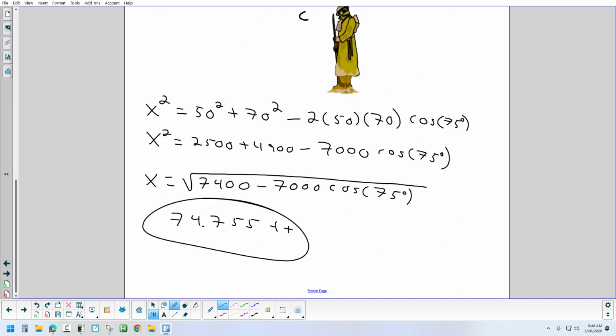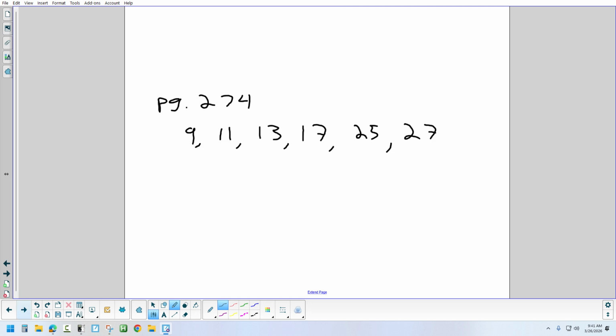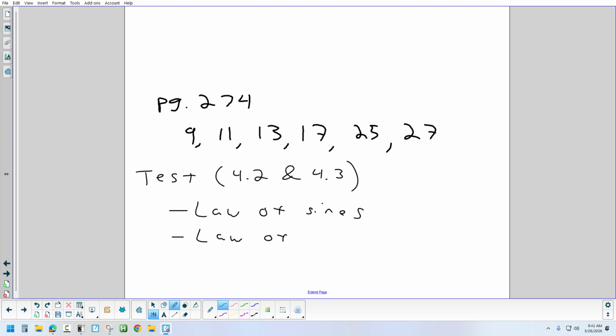Any questions on that? All right, so that is the law of cosines. Let me put up the homework and the test topics. The test tomorrow is on 4.2 and 4.3, so it's law of sines and law of cosines.